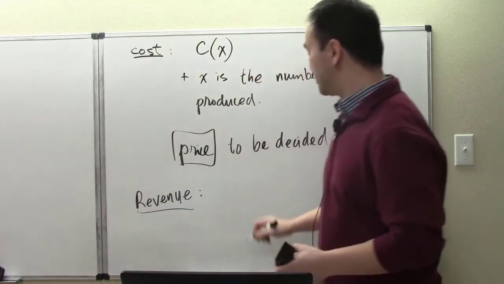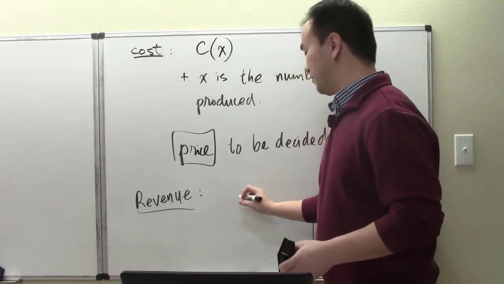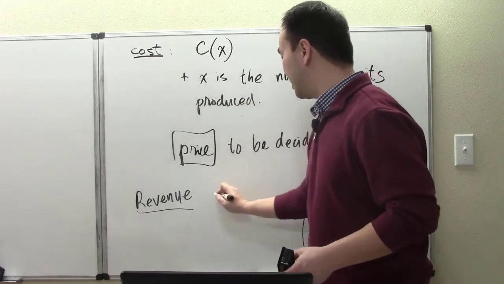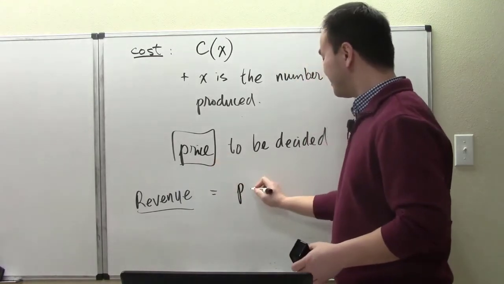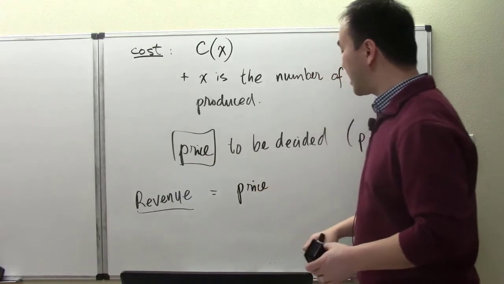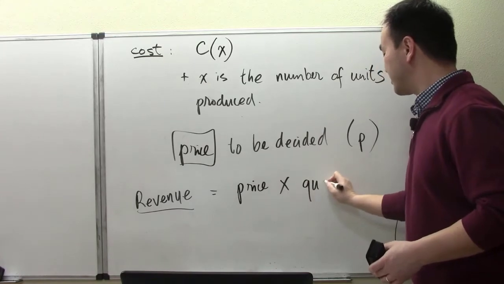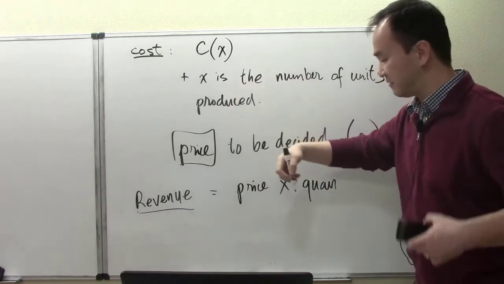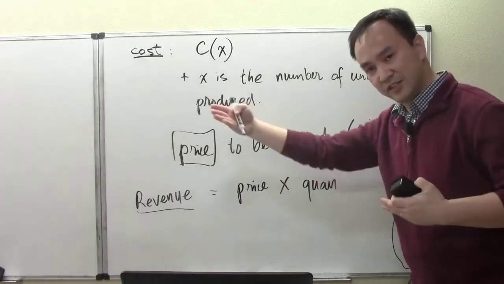And fundamentally, revenue is always equal to the price that you have decided per item multiplied by the quantity. And quantity here is the x, how much of the quantity you are selling away.